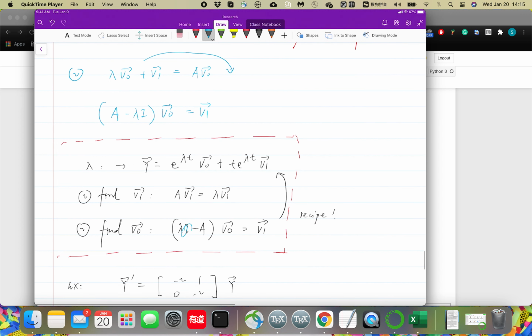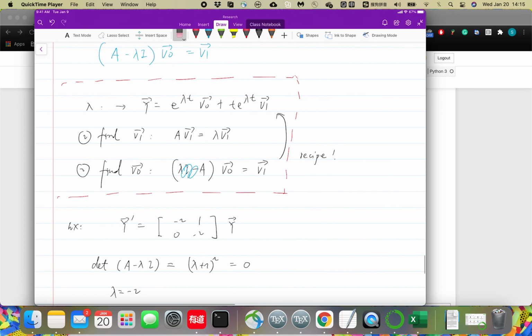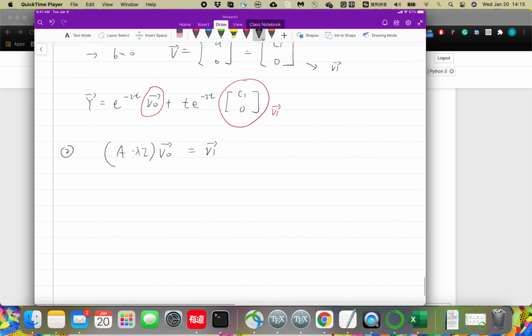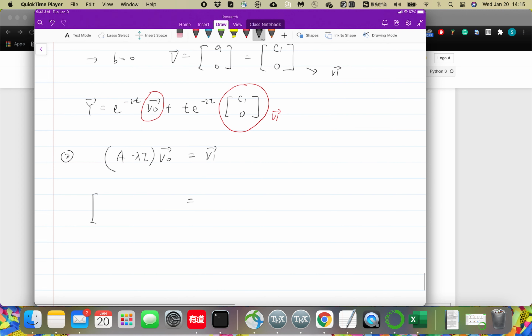So you just need to switch the order. I put the wrong order there. Okay, (A minus lambda I) V0 equals V1, but V1 you already know what it is.